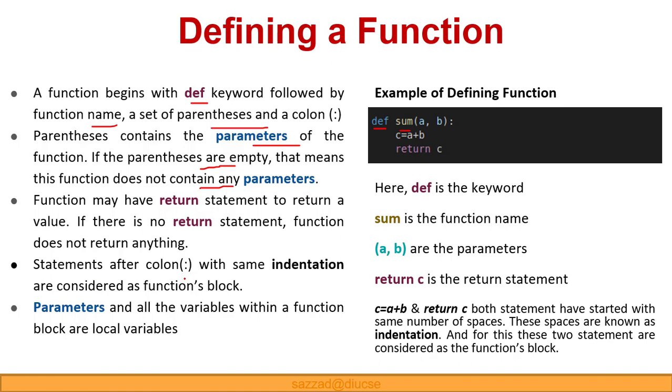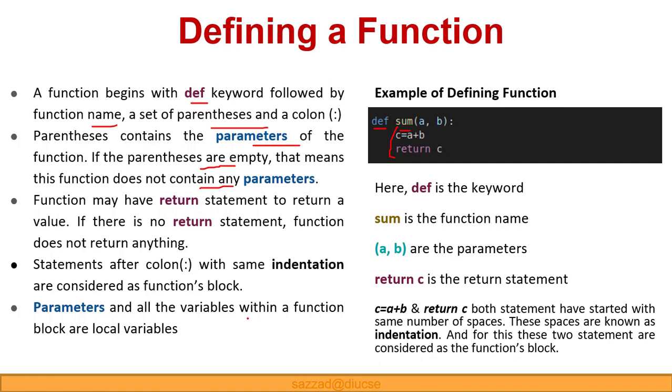Statements after the colon with some indentation are considered the function block. You can see these are the indentations. So the function block starts from here, and the Python compiler will read this part as a function and wrap it into the sum function.